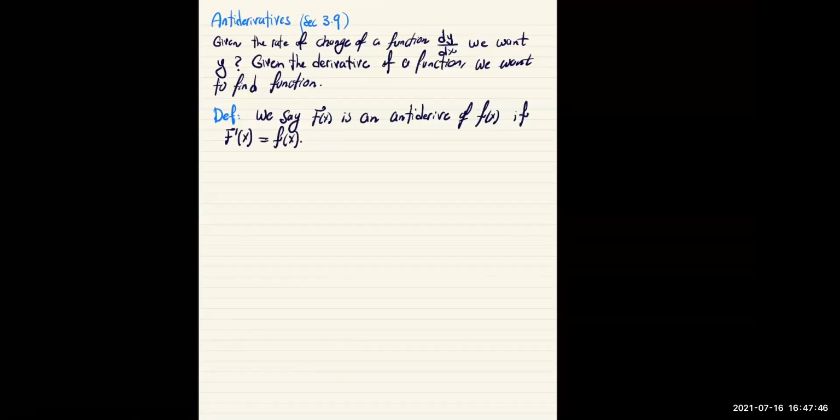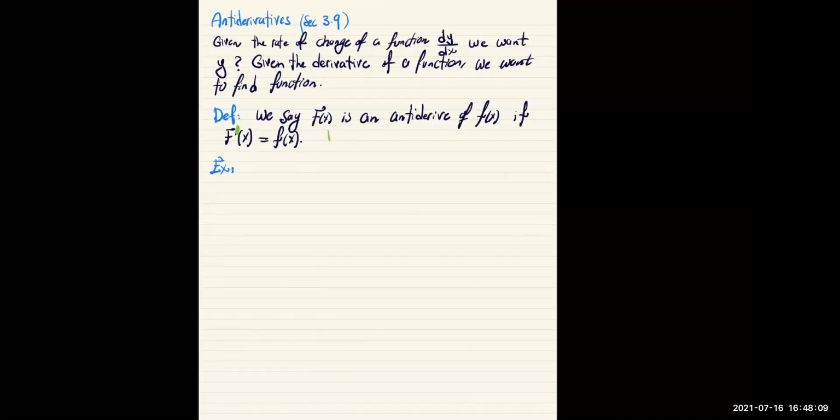This is the definition of an antiderivative. I'll show you an example. What this says is that the derivative of the antiderivative gives you the function back.